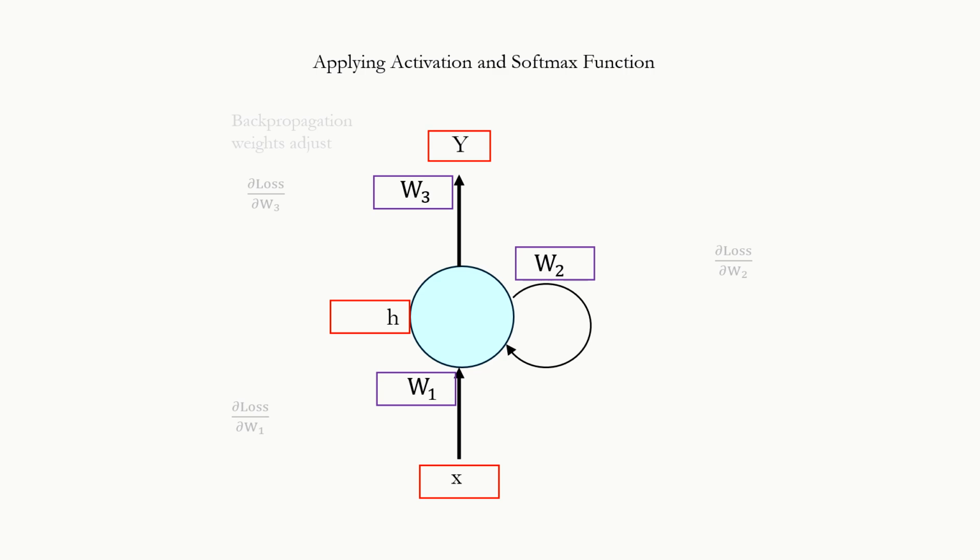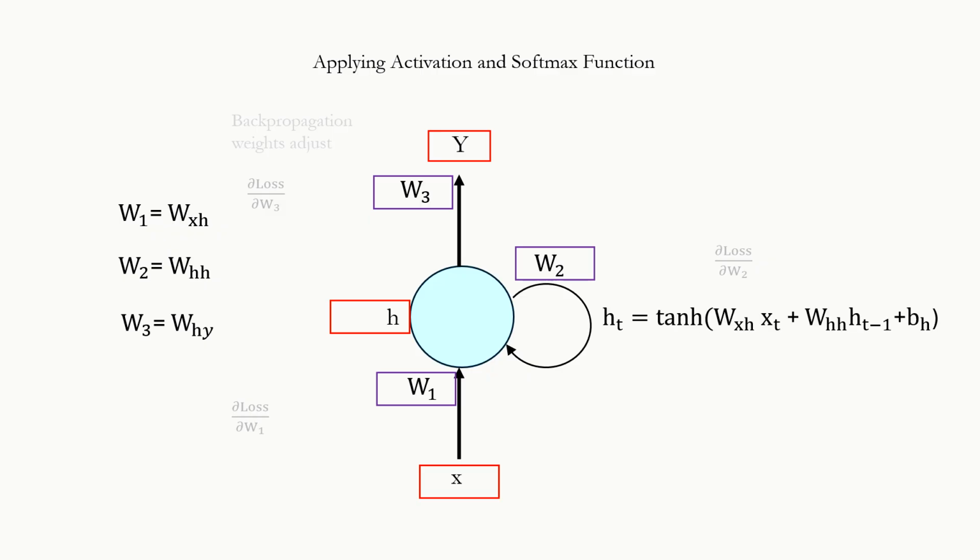So now we're going to try applying the activation and softmax function. We have W1 is Wxh, so that's the input to the hidden layer. We've got Whh, which we see in that self-referencing circle. And then we have Why, which is the hidden layer to the output layer.